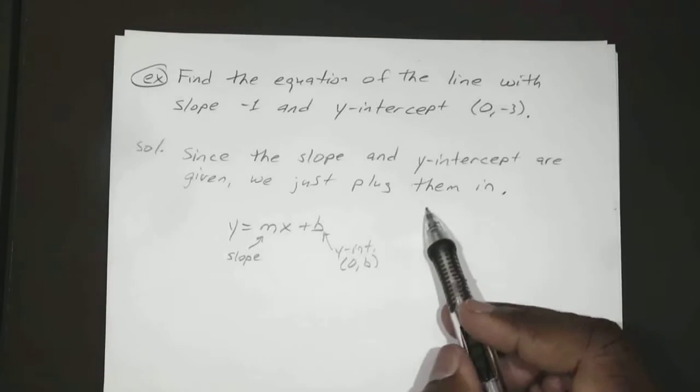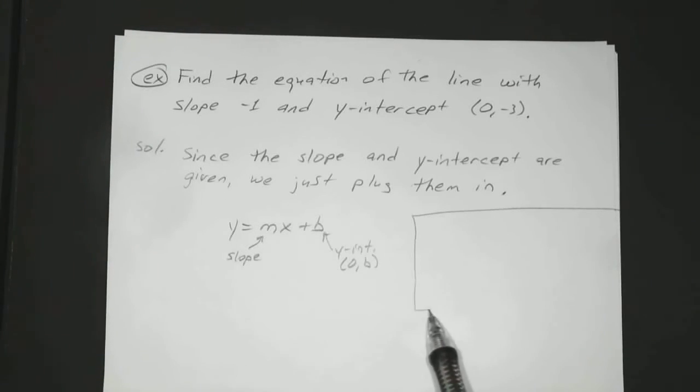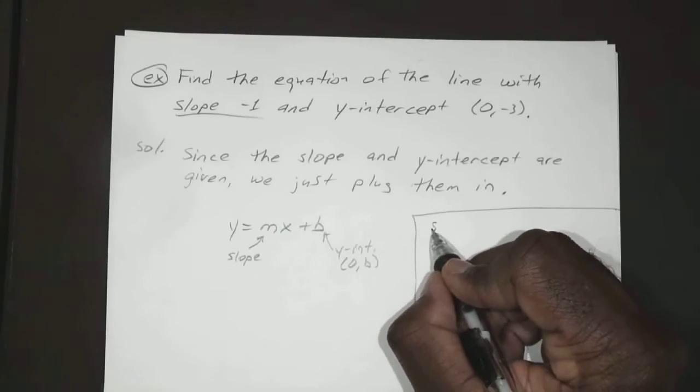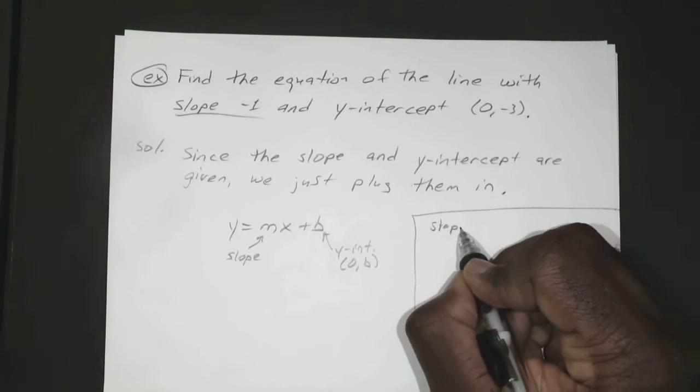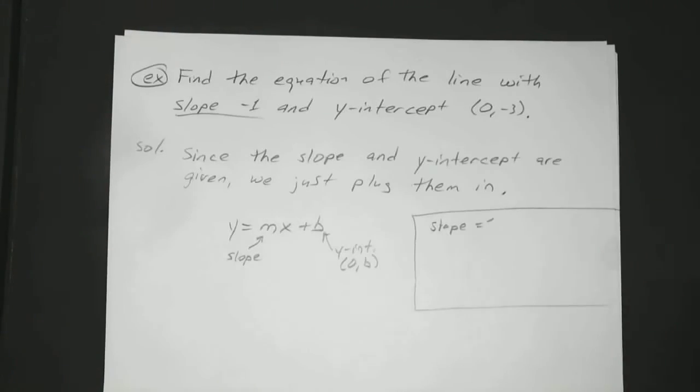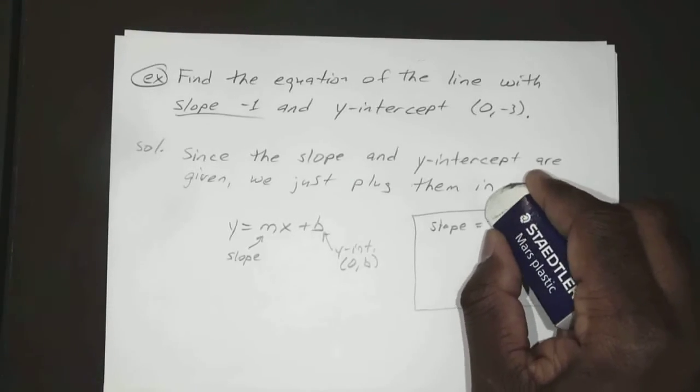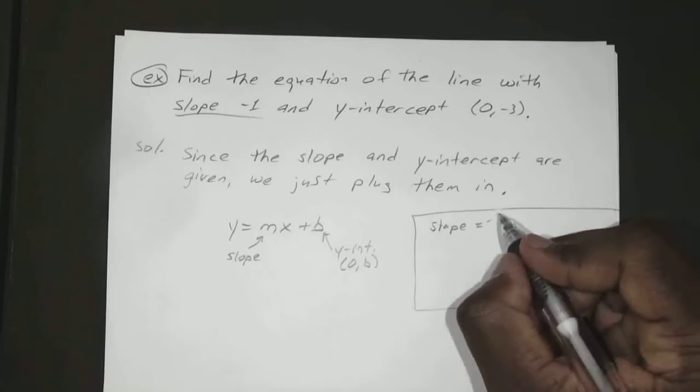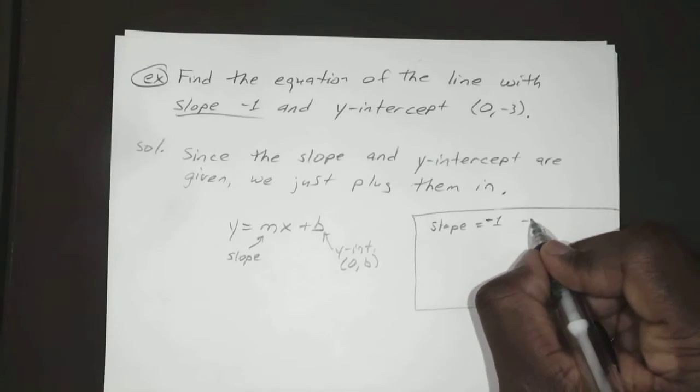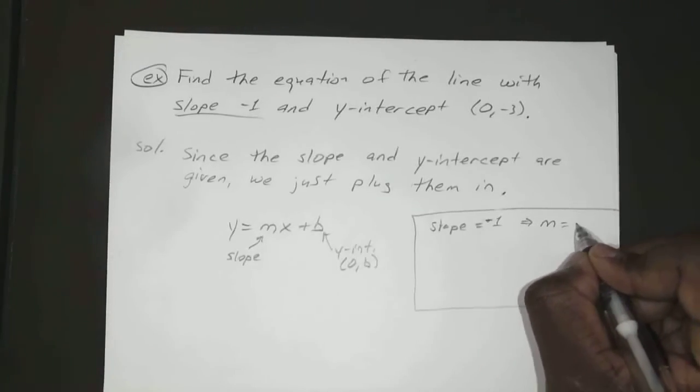Okay, so they already gave us everything we need. They say our slope is equal to -1. So slope is equal to -1, so that means your m is equal to -1.